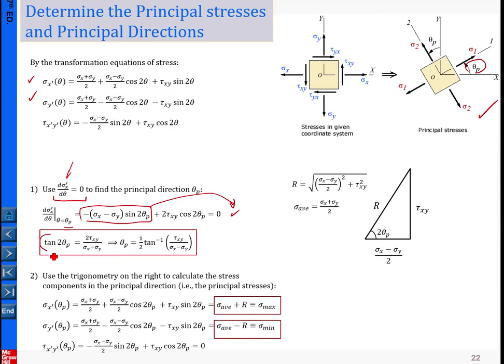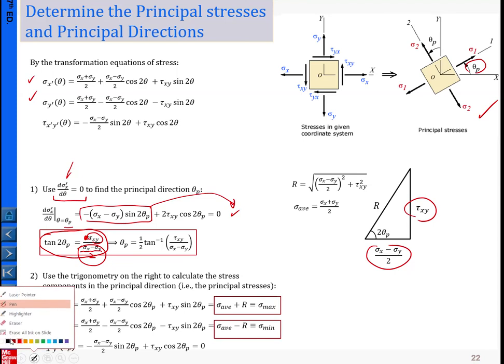Let me transform it into a graphical way. I put a triangle here, with 2 theta p here, and this side is tau xy and this side is the difference term. So tangent of 2 theta p equals this one.